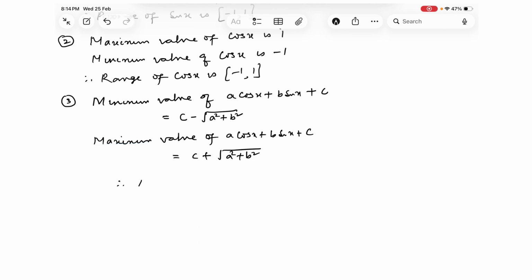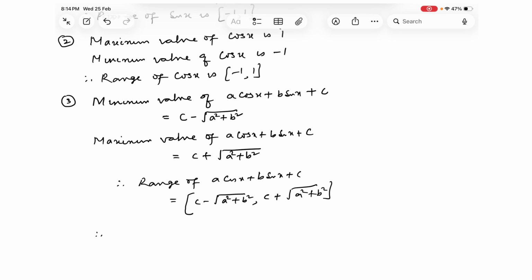Therefore, the range of a cos x plus b sin x plus c is the closed interval c minus root of a square plus b square, c plus root of a square plus b square.